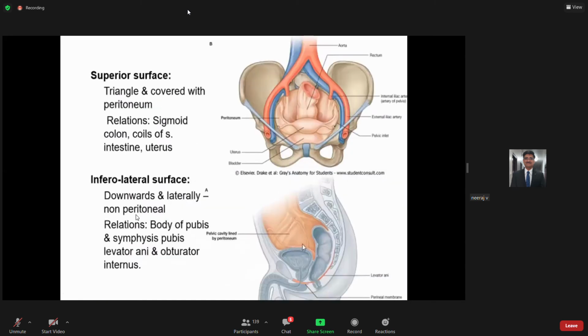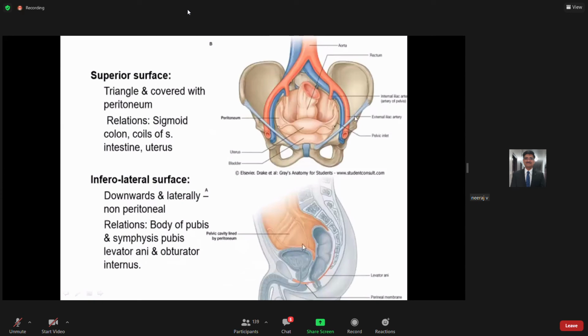You can see it has some relation with the body of the pubis, with the symphysis pubis, and of course the obturator internus and the levator ani, because we know how the wall of the pelvis is formed.